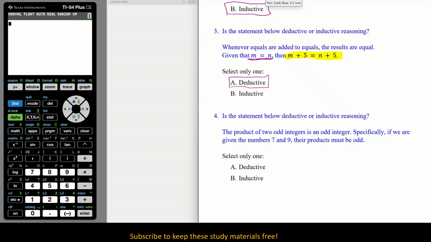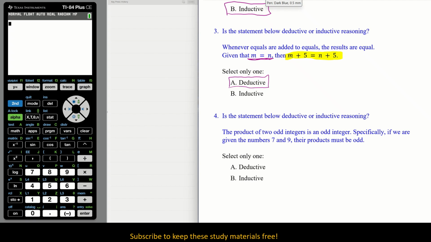Okay, number 4. Is the statement below deductive or inductive reasoning? The product of two odd integers is an odd integer. Well, that's general. There's no numbers there. There's no examples. And then they go to the specific.